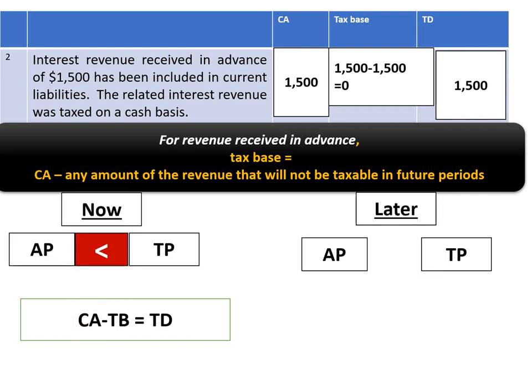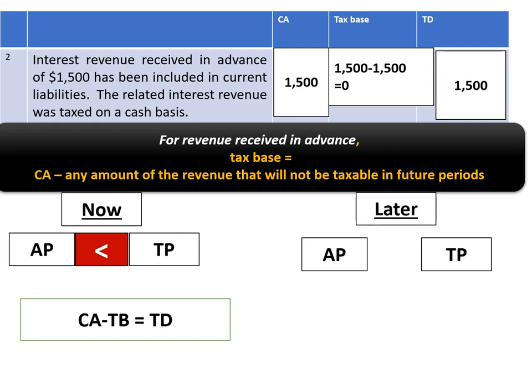So right now, our accounting profit is less than our taxable profit because we got 1,500. What was our journal entry for accounting purposes? We debited bank, then we credited a liability. For tax purposes, we debit bank and the actual income is included in our tax calculation, which reduces our profit.